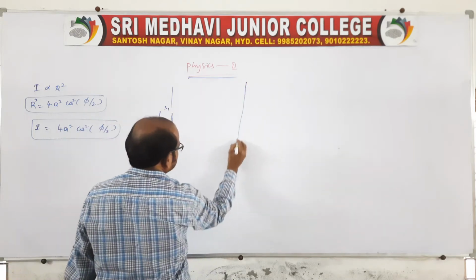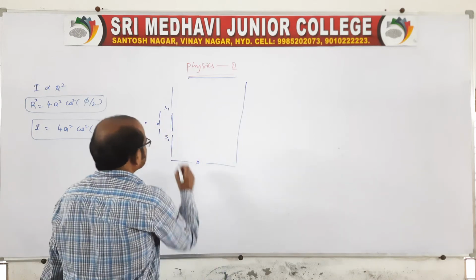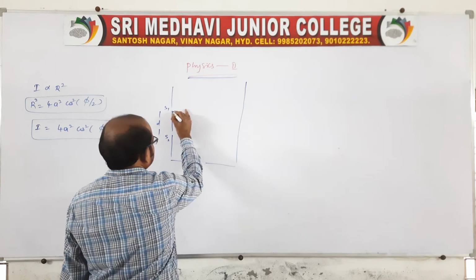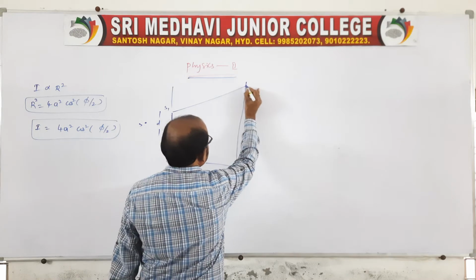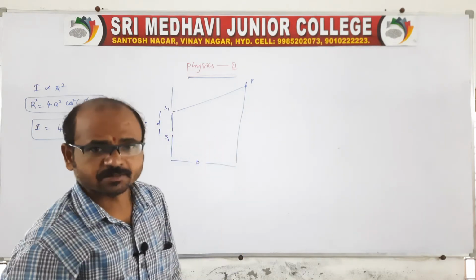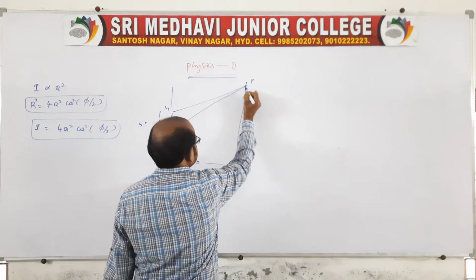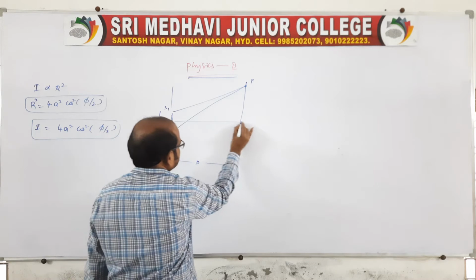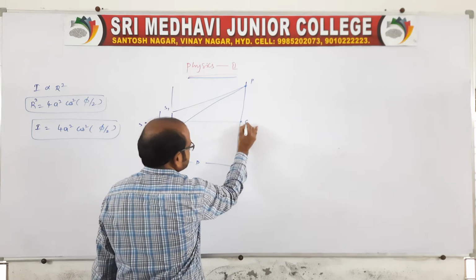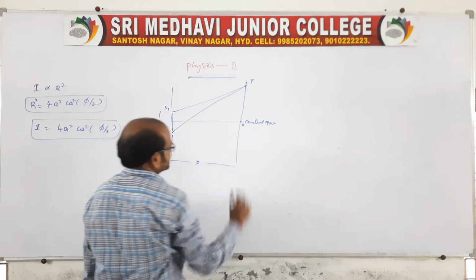On the screen, the distance between the slits and the screen, you take as D. Then from the slits there will be intensities. I don't know whether at that point it is forming maxima or minima, so we have to find the maxima condition as well as the minima condition. We can say this is the central maxima, O.